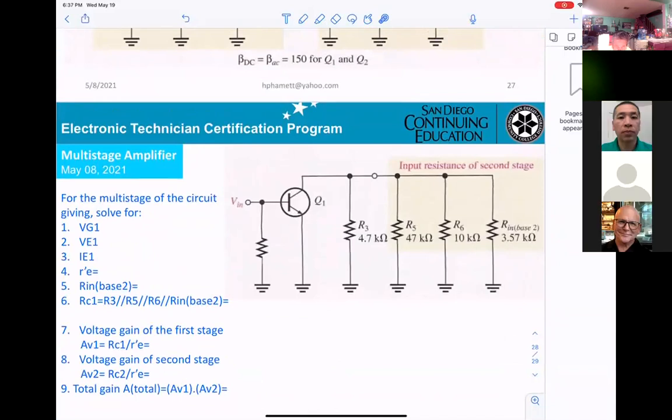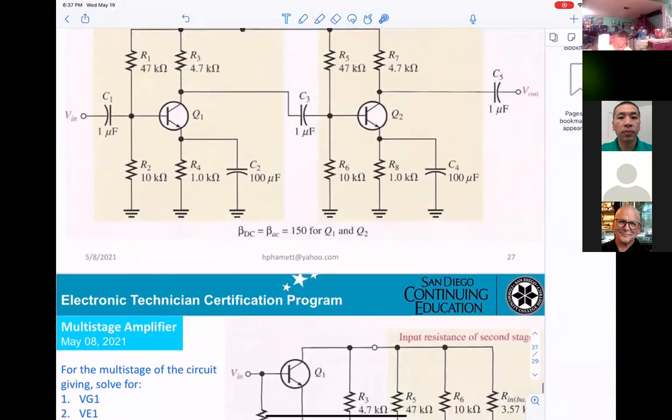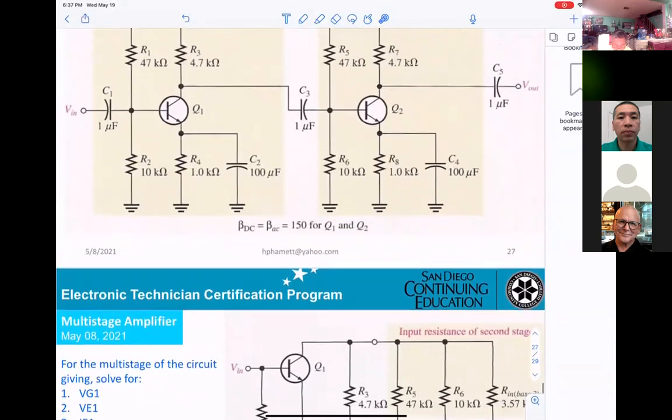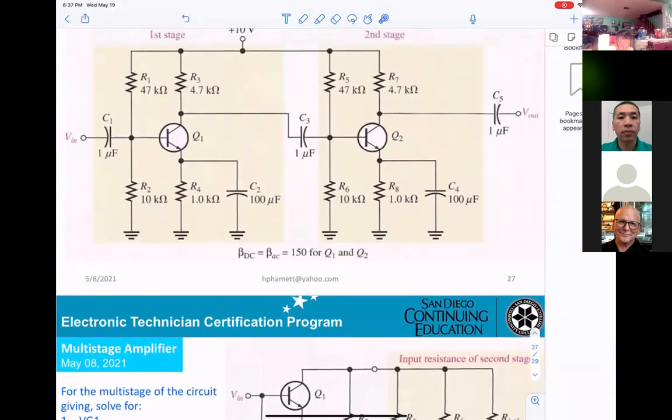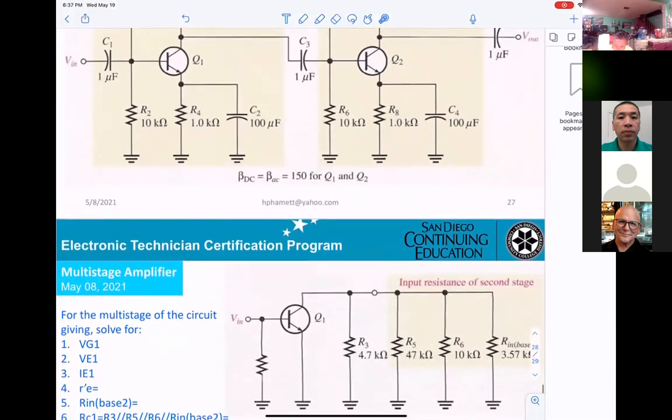That is beta times R prime E. So your beta is 150 times the R prime E, which was 23.7 ohms. R in B2 is basically the input resistance of the second stage.